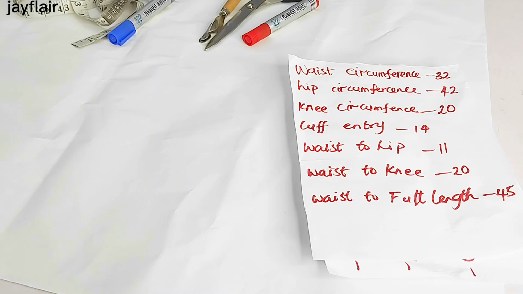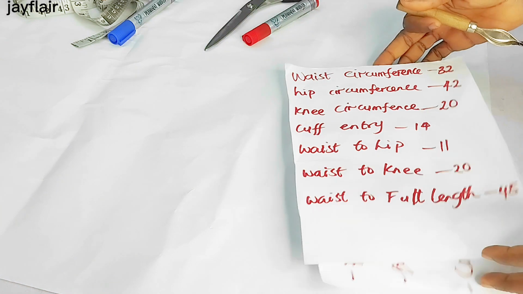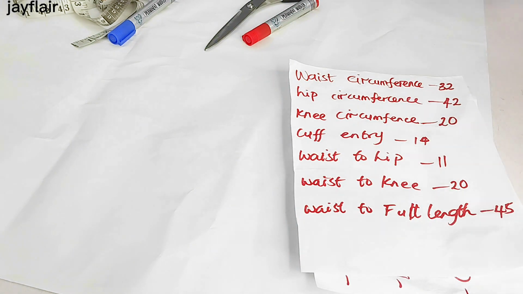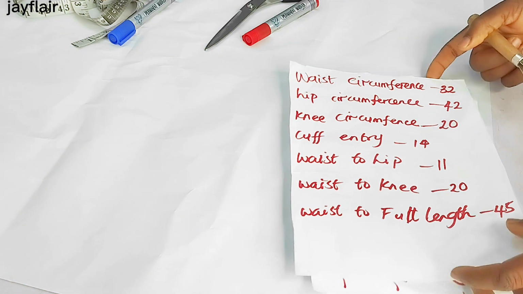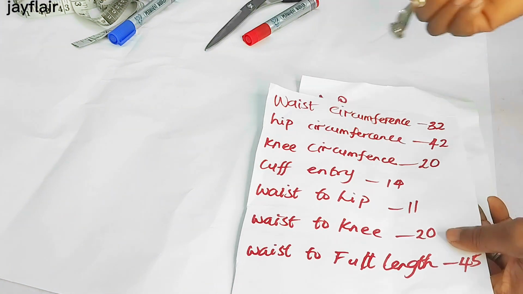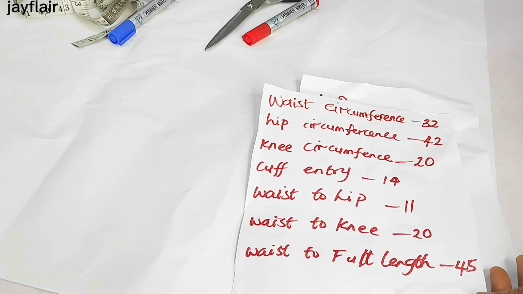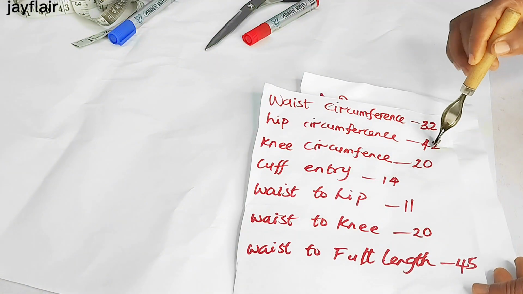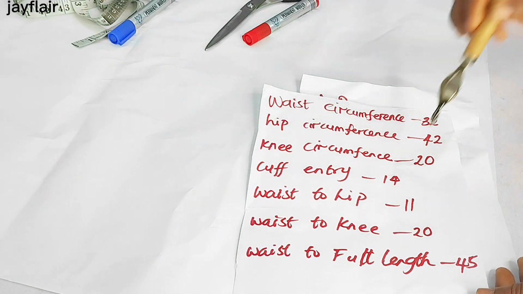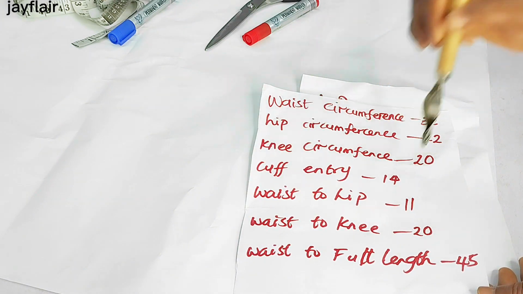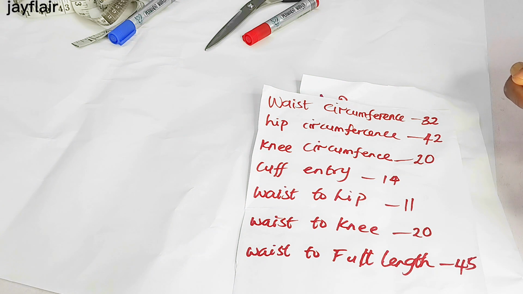Okay, so let's start with the measurements that we'll be working with. For this pattern that I'm drafting, the very important measurements are the waist circumference measurement, the hip circumference measurement, the knee circumference measurement, the cuff entry. Now the cuff entry can be at the ankle, the floor, can be a midi, whatever you want.